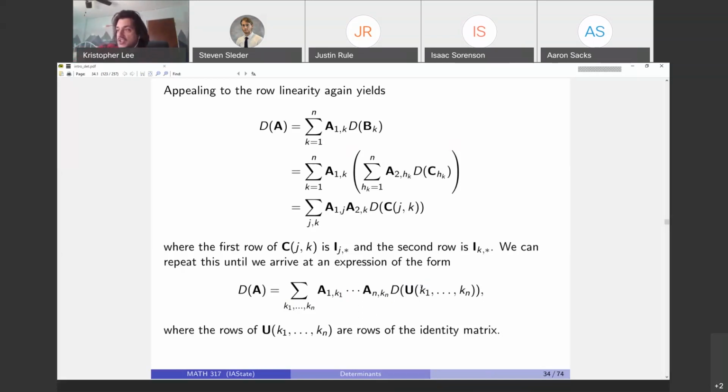And the notation here represents that k sub 1 is precisely what the first row of this is in terms of the identity matrix.